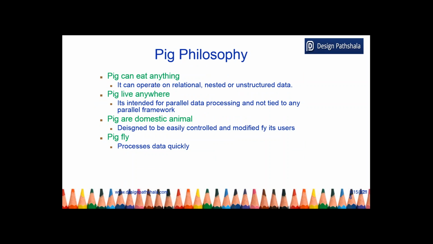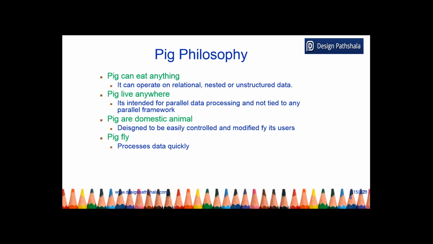Why is it called Pig, such a unique name. So basically, what Yahoo says is there's a philosophy behind calling it Pig. Pig can eat anything. Similarly, this Pig as a language can eat any kind of data, be it structured, unstructured, or semi-structured. Similarly, Pig can live anywhere, loves to live in your dirty environment.